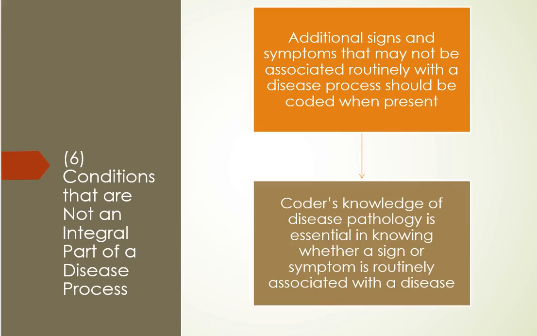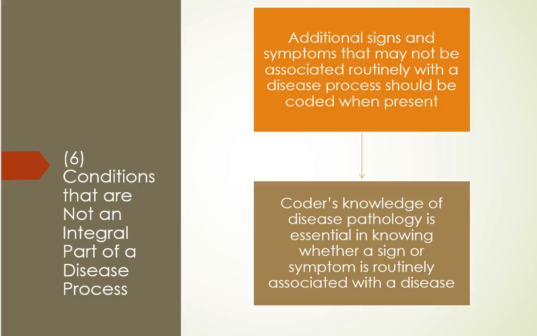Next up, Guideline 6, conditions that are not an integral part of a disease process. So Guideline 5 speaks to conditions that are an integral part of a disease process. Guideline 6 focuses on conditions that are not an integral part of the disease process.